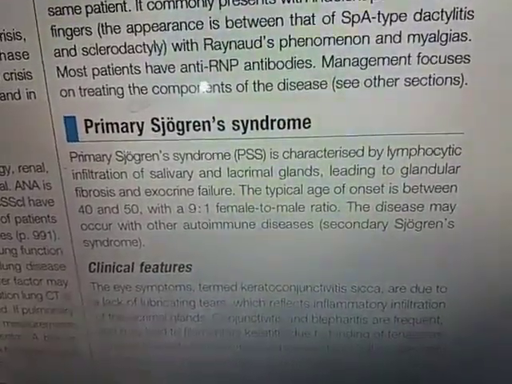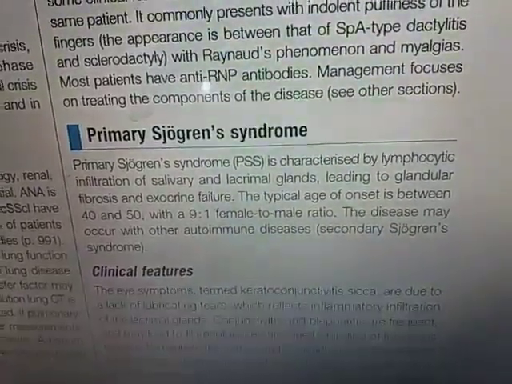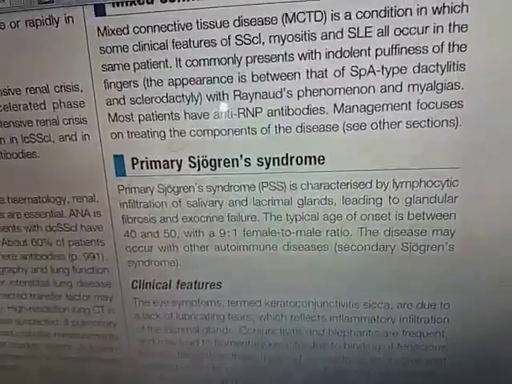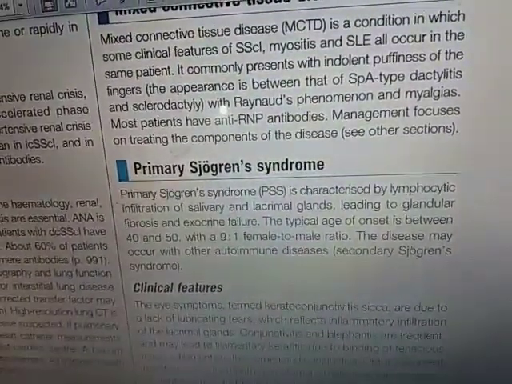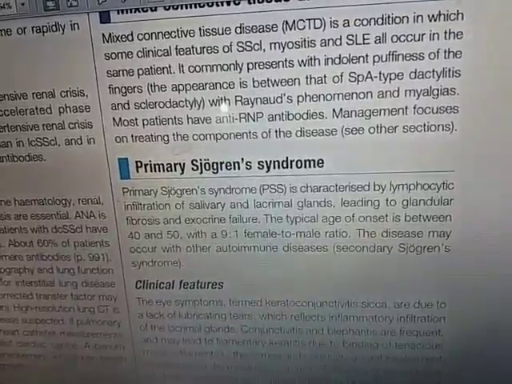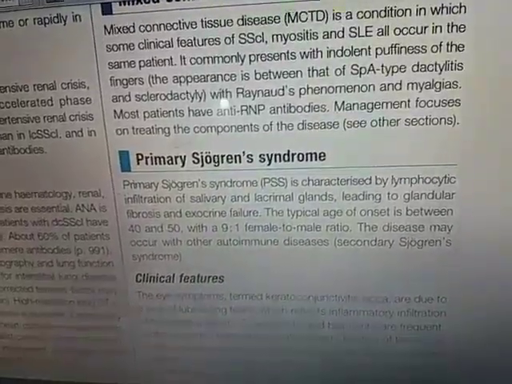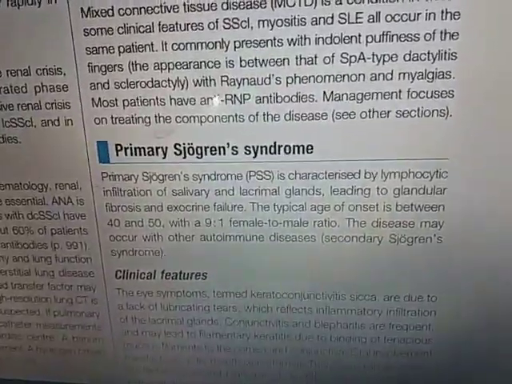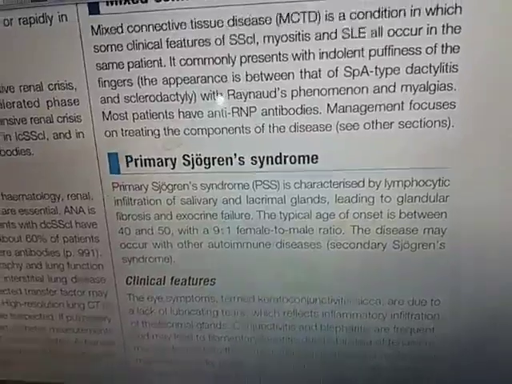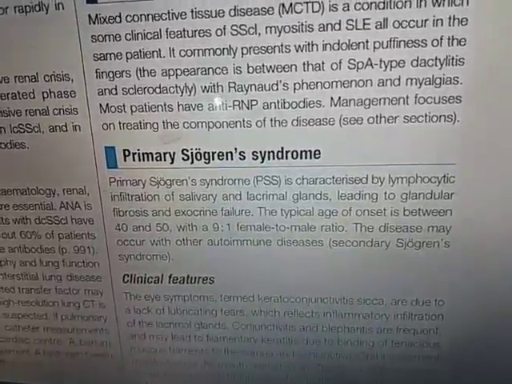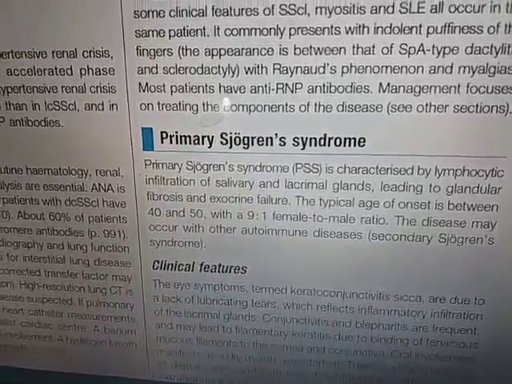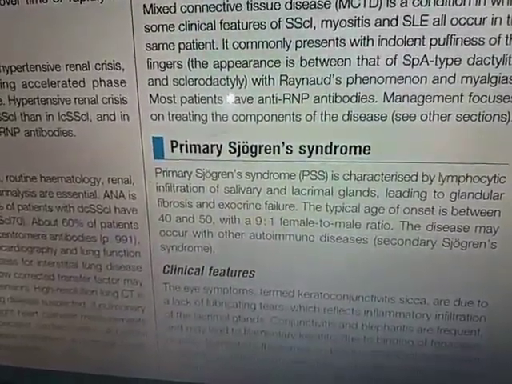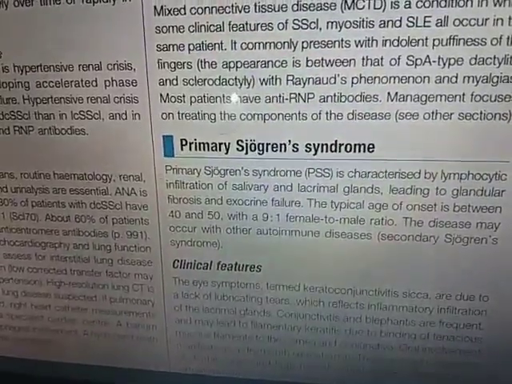Now, to confirm the diagnosis of Sjogren syndrome, to confirm the diagnosis of keratoconjunctivitis sicca, one uses Schirmer's test. Here we use a filter paper sheet inserted into the conjunctival sac in the eye, and it is left for 5 minutes.